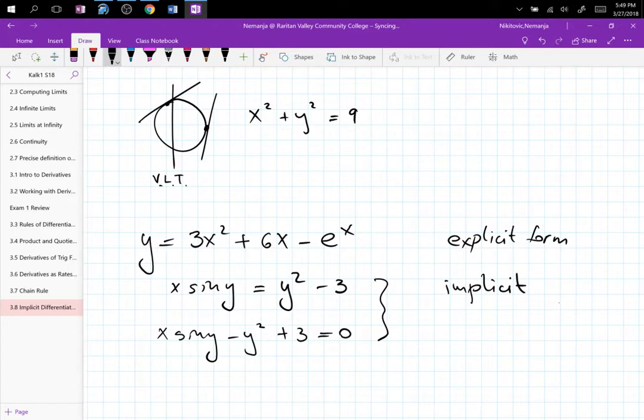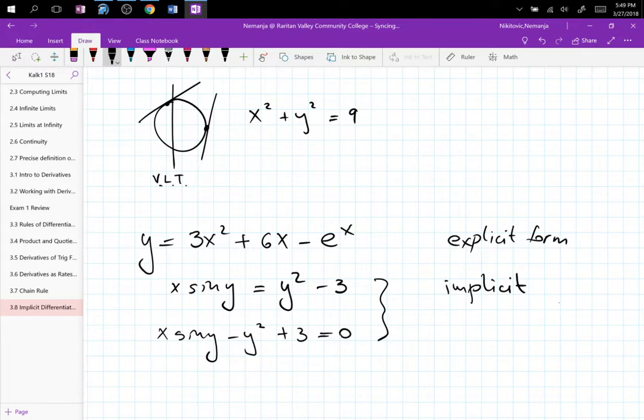Now you can see that you can't do this because one y is buried under sine. And if you use the inverse sine to free up the y that is within sine, the inverse sine will bury the y squared.